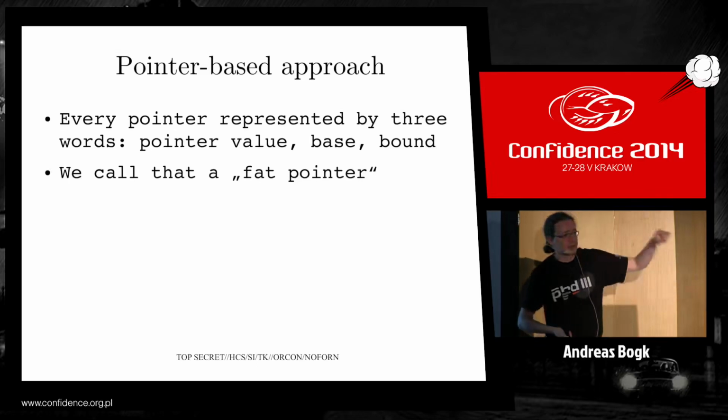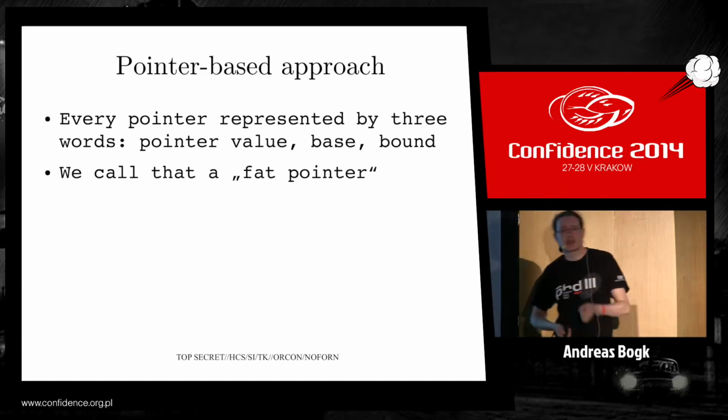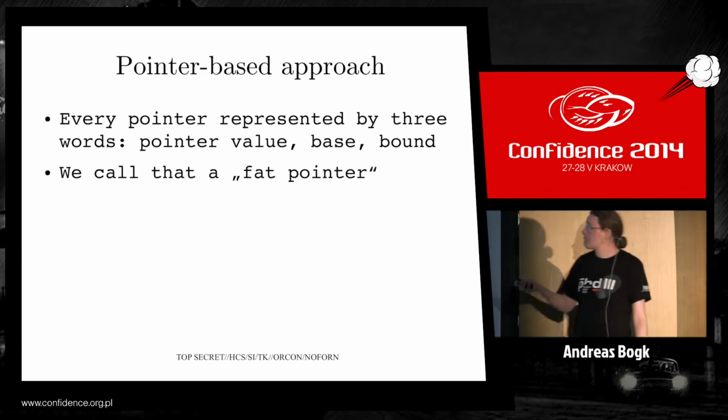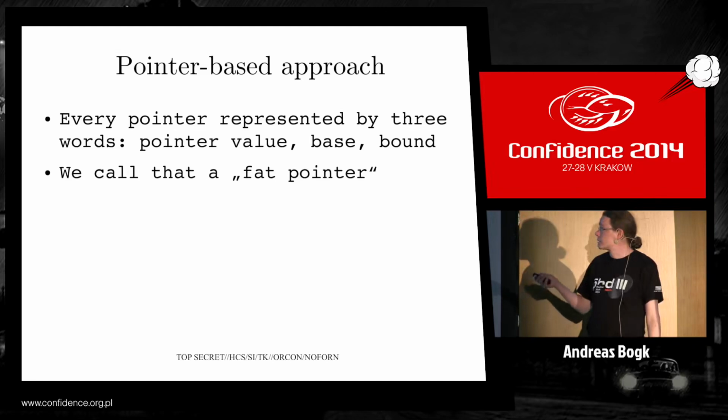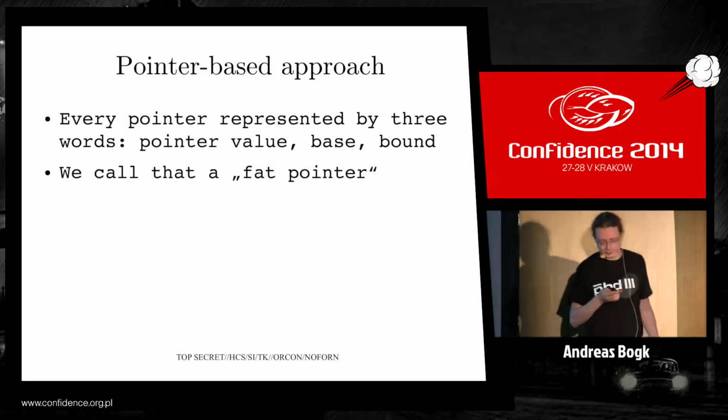Right? You have a pointer which might point right in the middle of an object. Like if you allocate an array, you can take the address of the 20th element. And in that fat pointer approach, you still remember where that array started and where it ended, so that when you keep increasing the pointer, you know when you hit the end of the buffer and can raise an error.